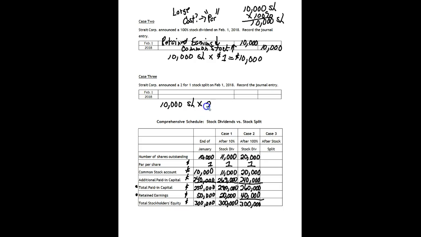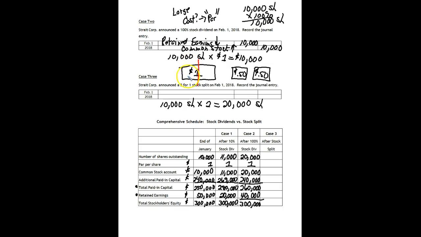So we're going to double the shares of stock, 20,000 shares. So again, if this is 1 share of stock with par value of $1, we're going to pull it in, and it's as if we cut it in 2. So after that, there will be 2 shares of stock, each for 50 cents.